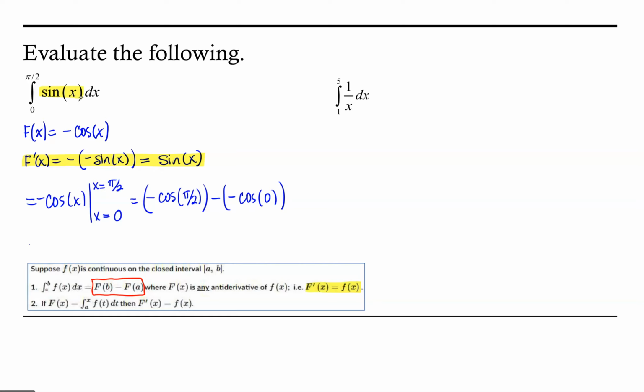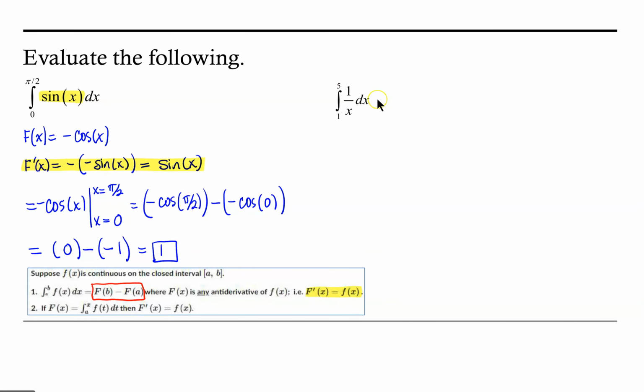And now cosine of pi over 2 is 0, so that first term is 0 minus negative, and then cosine of 0 is 1. So I have 0 minus negative 1. So the value of this definite integral is 1.